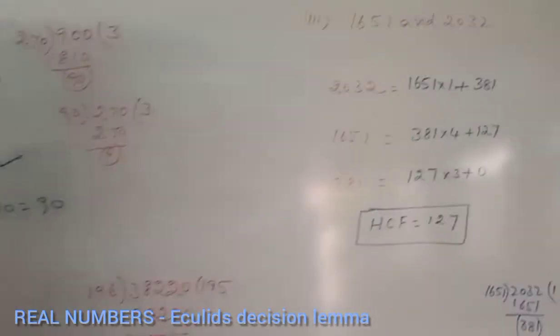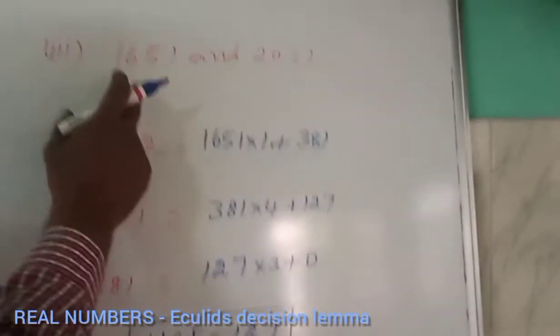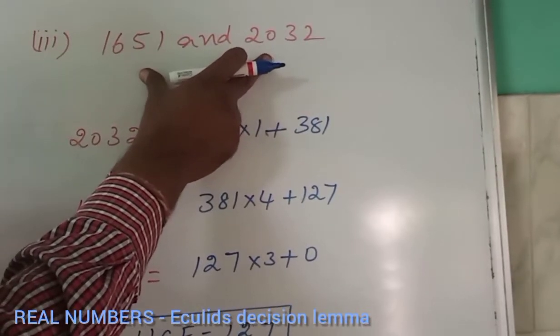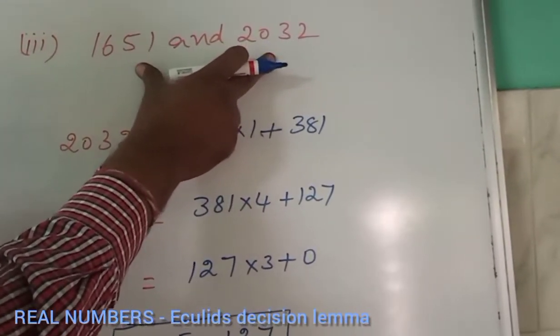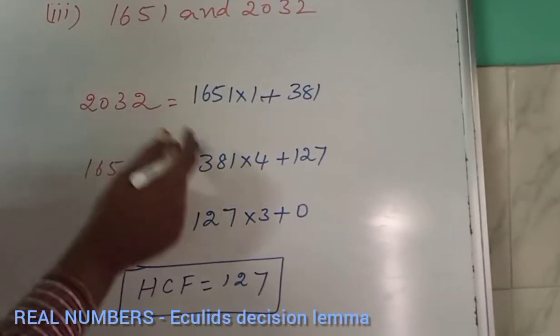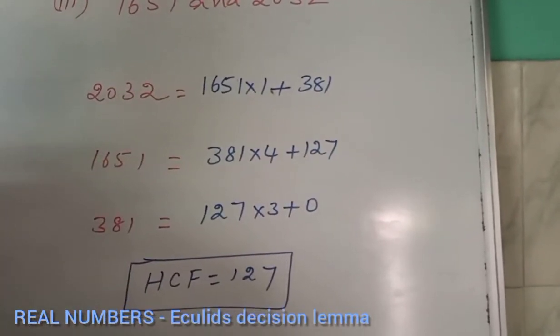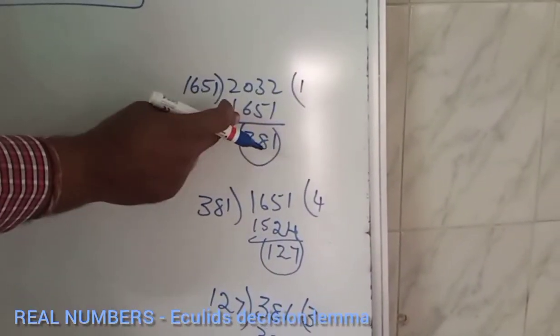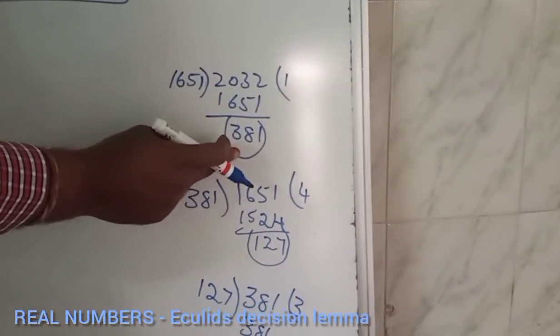And next, 1651 and 2032. Find the HCF of these two numbers by using Euclid division lemma. 1651 goes into 2032 how many times? One time, remainder 381.